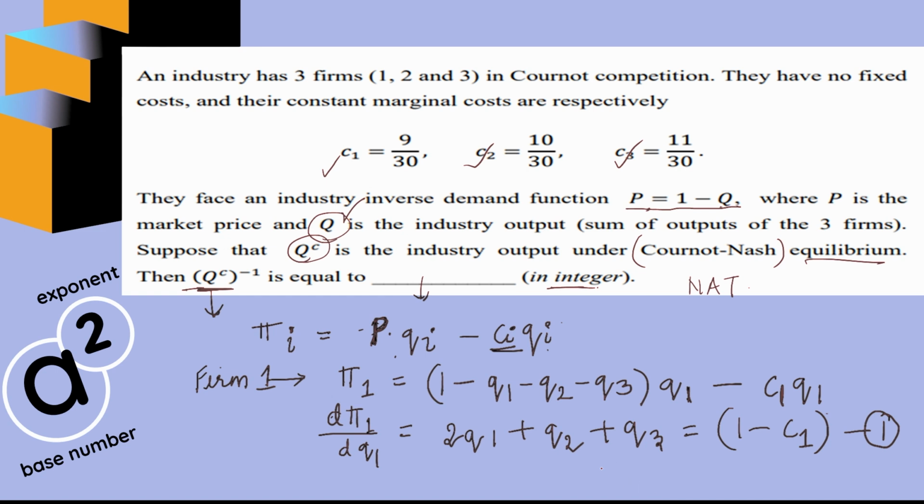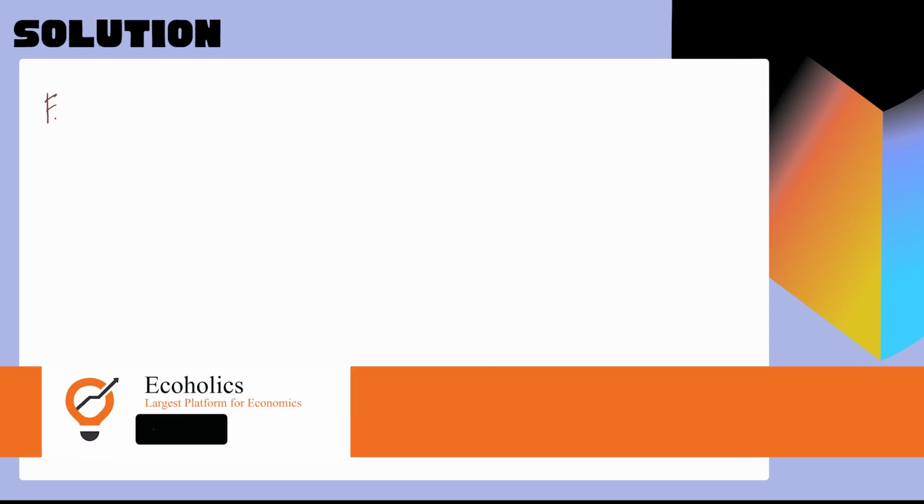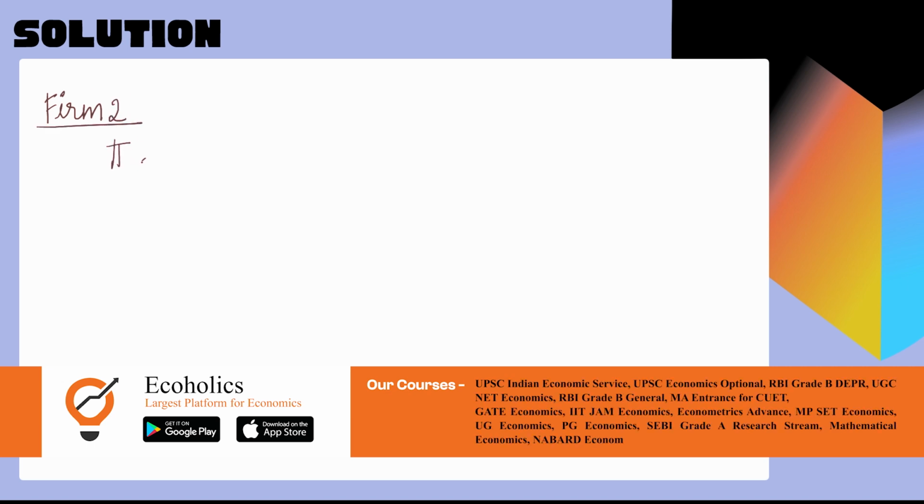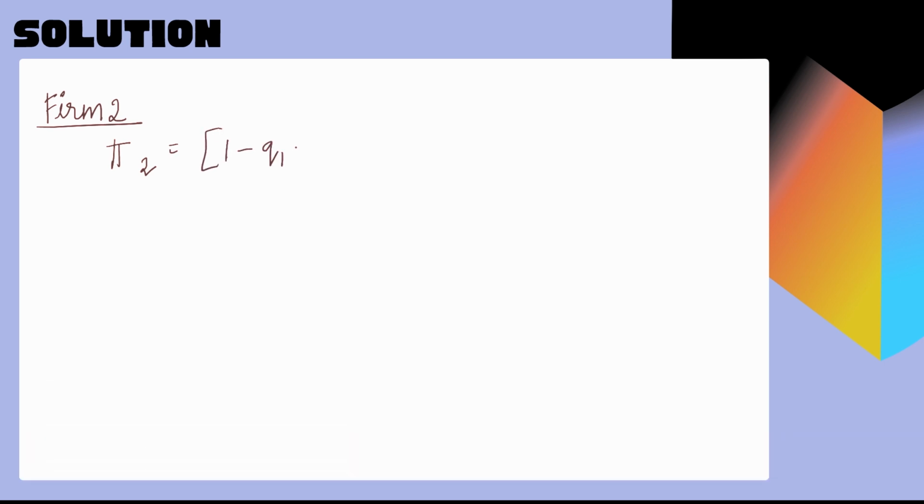Like this, we should find for firm 2 and firm 3. So pi 2 is equal to 1 minus Q1 minus Q2 minus Q3, multiplied with Q2, and the cost is C2 multiplied by Q2.